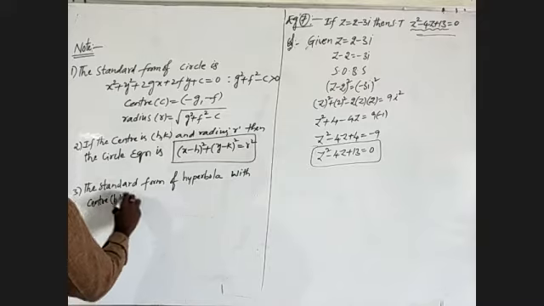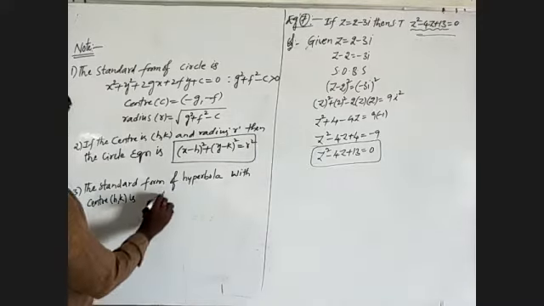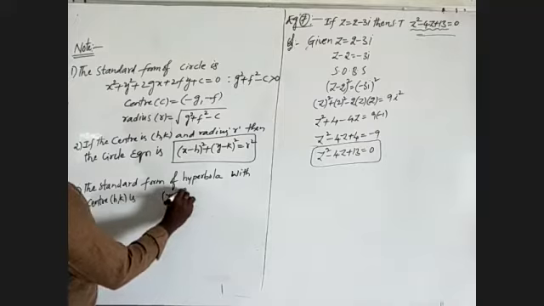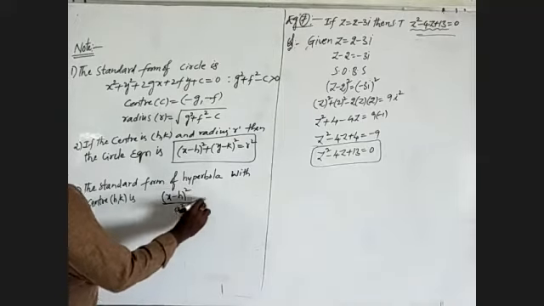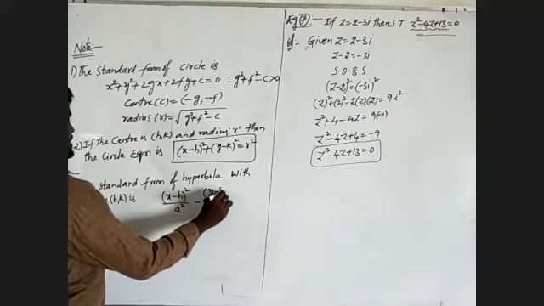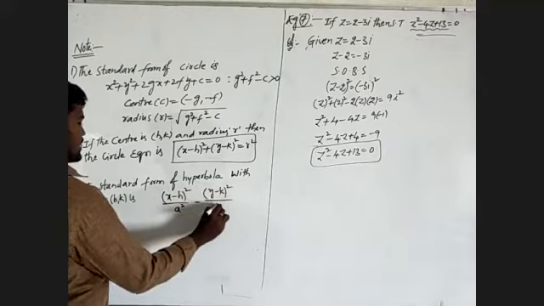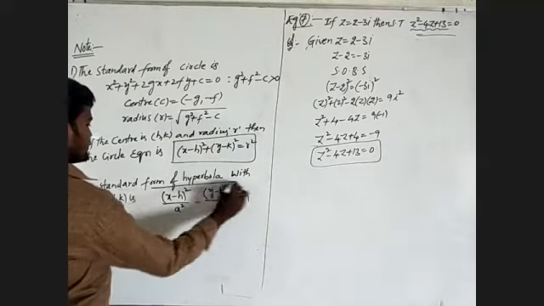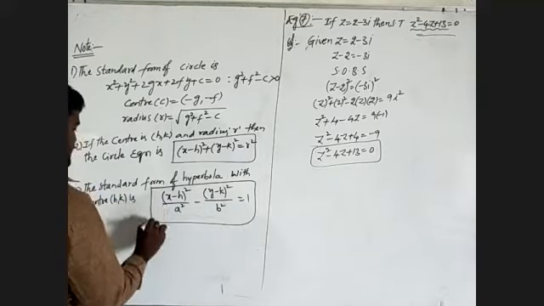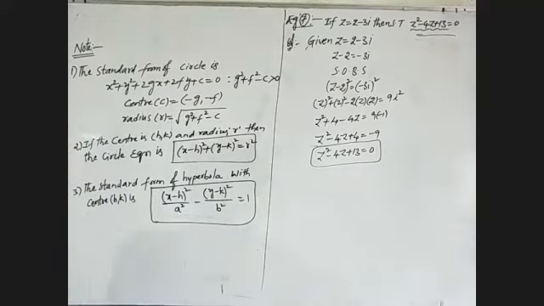The required formula is x minus h whole square by a square minus y minus k whole square by b square must be equal to 1. Ellipse means we take the symbol plus. Hyperbola means we take the symbol minus. That will be written as x minus h whole square by a square minus y minus k whole square by b square must be equal to 1.